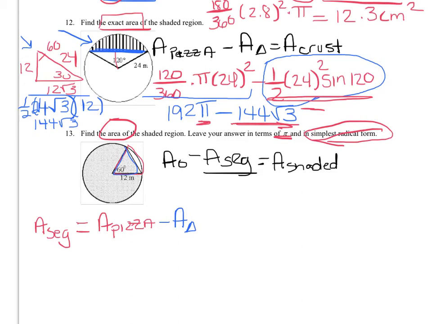So area of the pizza here is simply 60 divided by 360 times pi r squared. The area of the triangle, because they want it in simple radical form, we have to take this triangle, and I turned it, by the way. It's an equilateral triangle of 60, 60, 60, so it doesn't technically matter, but we have to cut it in half.